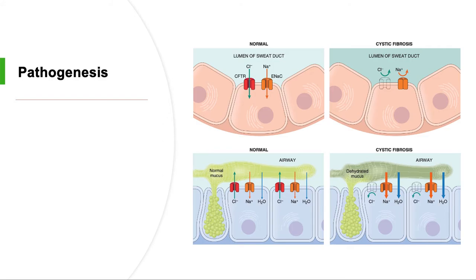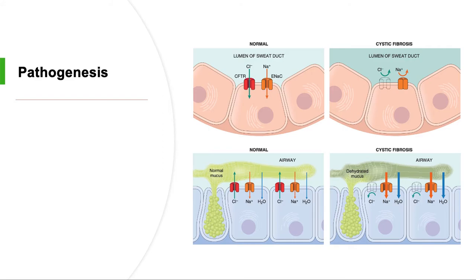On the pictures, the CFTR is the cystic fibrosis transmembrane conductance regulator, and ENaC is the epithelial sodium channel responsible for intracellular sodium conduction. However, the impact of this defect on transport function is tissue-specific.